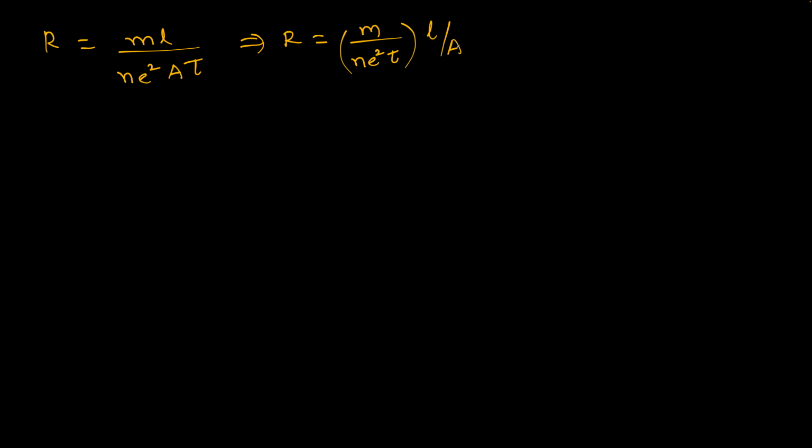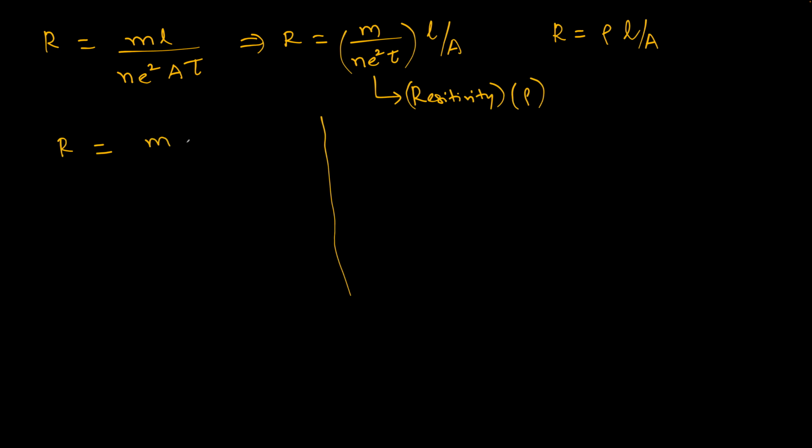If you observe, this is similar to the expression R is equal to rho into L divided by A, which says that this parameter is called resistivity. So this is the resistivity of the conductor. When I talk about resistance, m into L divided by n e square A into tau, the resistance is dependent on temperature.